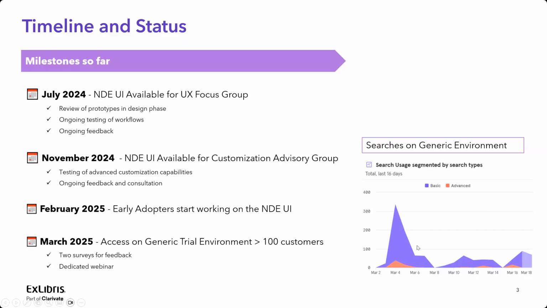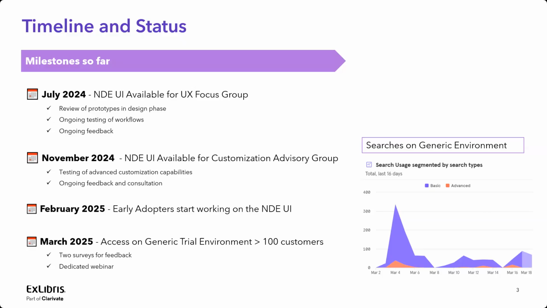We created patron credentials so that the libraries could see the patron area. And the idea is also to see the new functionalities when they are coming, because this is a user interface that is still in development. New functionalities are coming every month. The access was opened 2 weeks ago.